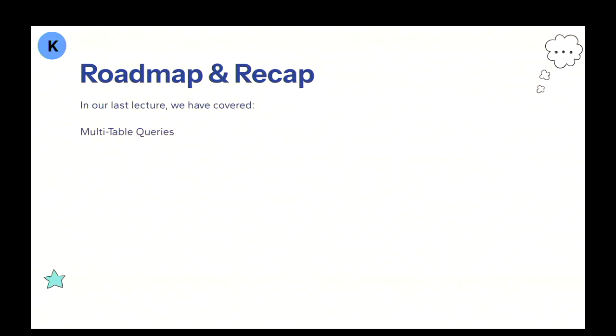And our second main topic in the last lecture is multi-table queries. So the key concept here is join. So we have different types of join. We have inner join, which is to match the tuple on both sides of the tables, and this is called inner join.